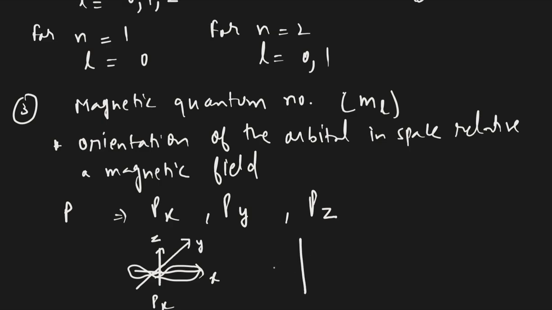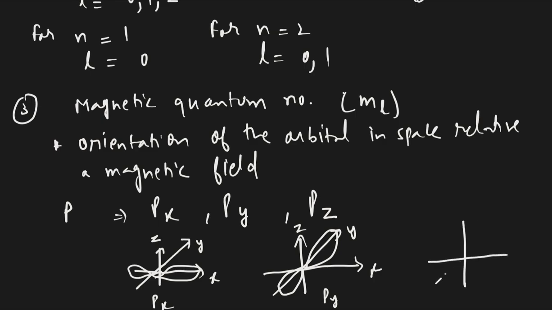Similarly, py will be represented as this. Similarly, pz, if I have to draw, this is the z direction, y direction and x direction, so pz will be represented like this. This is pz. So the magnetic quantum number represents the orientation of the orbital.